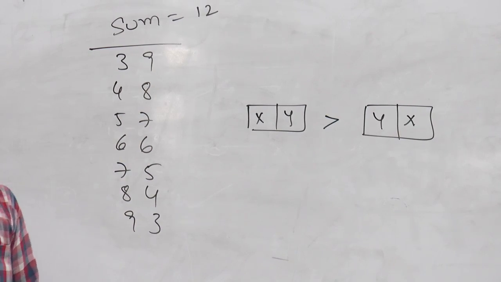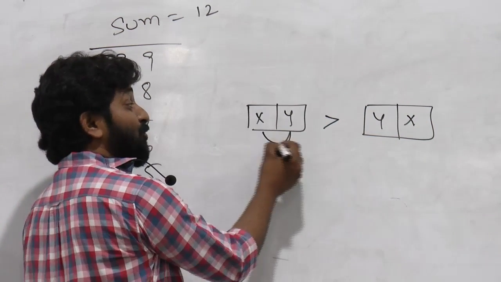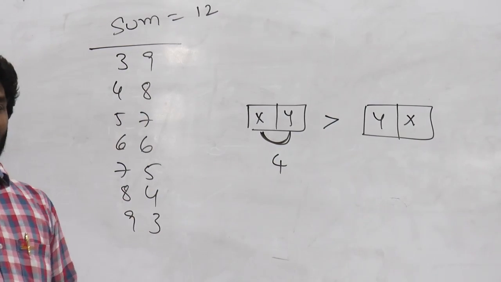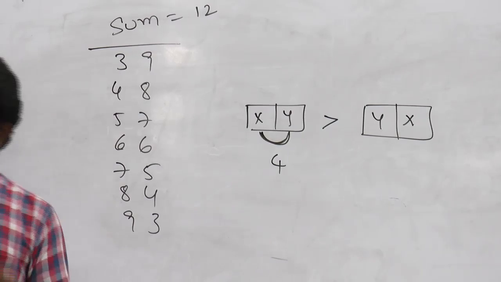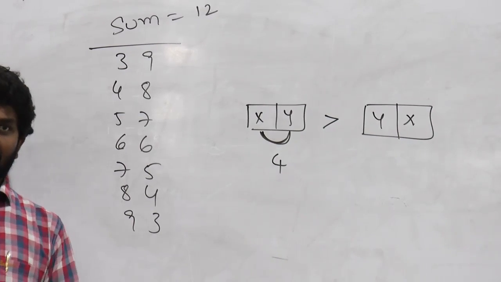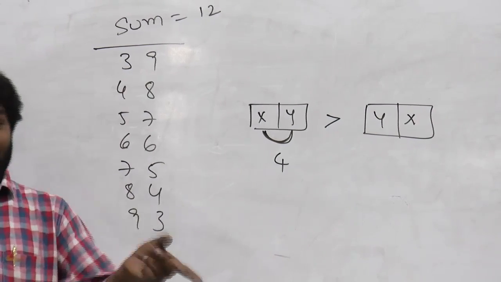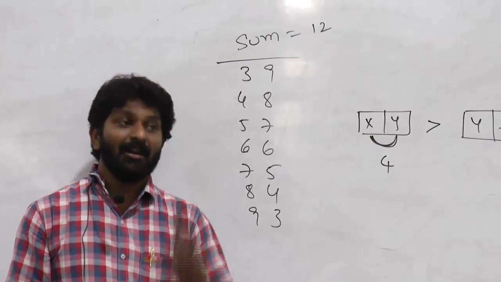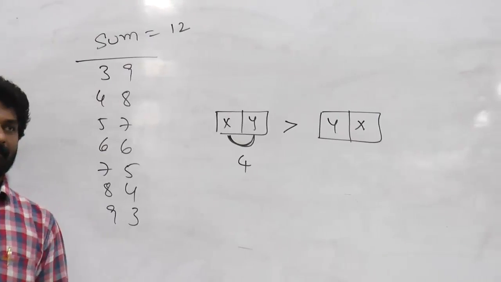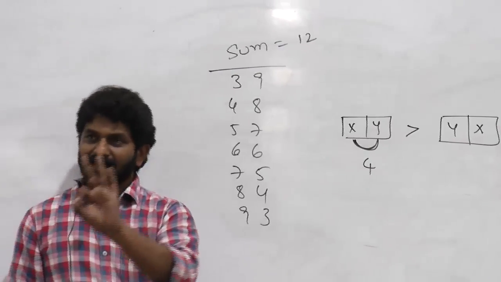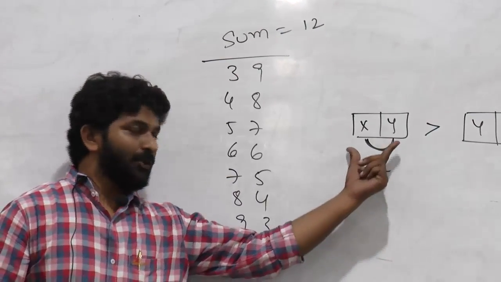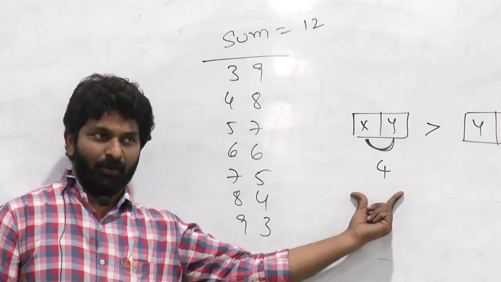From that you can conclude one more point: if you take the difference of a number and the number obtained by interchanging its digits, that difference will always be a multiple of 9. Our difference is 36. How many 9s are there in 36? 4. So the difference between x and y should be equal to 4.